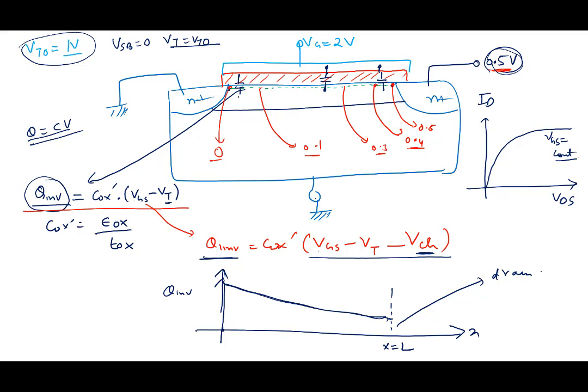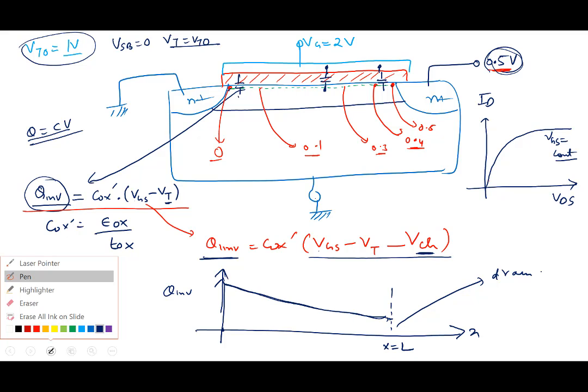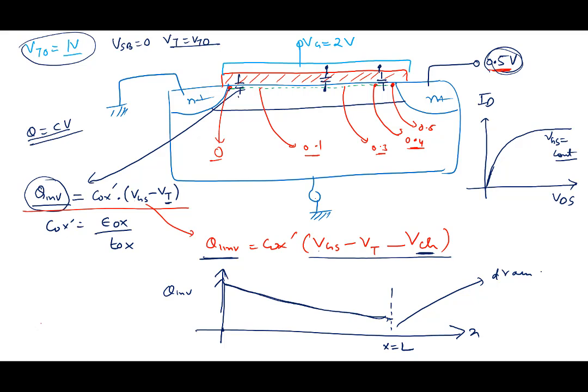Now there are interesting things here. The first one is that when you apply a very low voltage here, let's say instead of 0.5, suppose I apply 0.02 volt here, very small voltage, and the source voltage is 0.